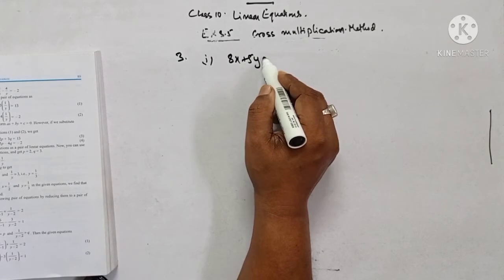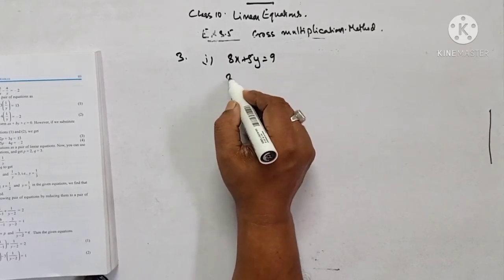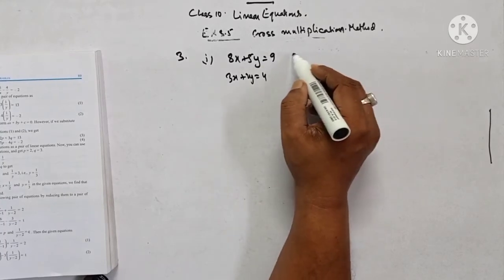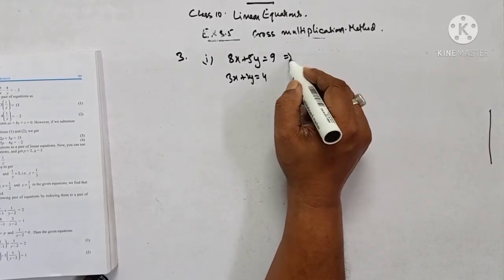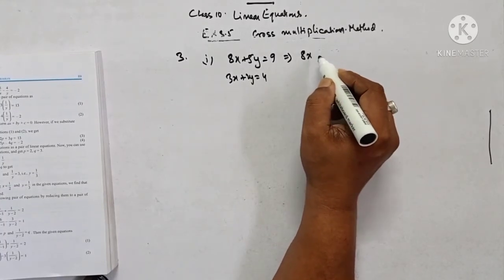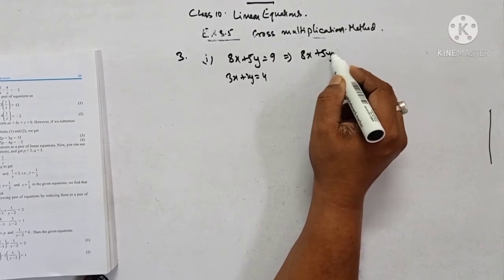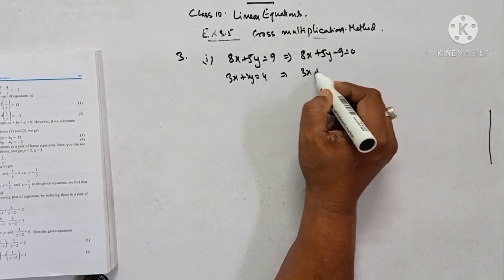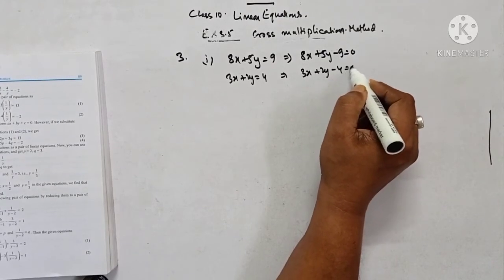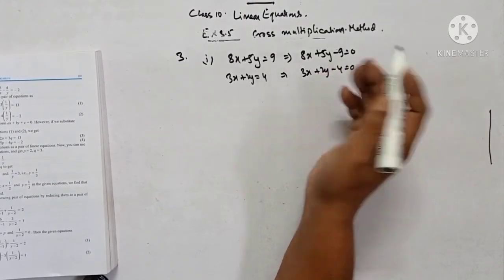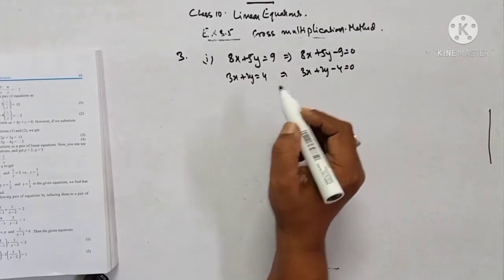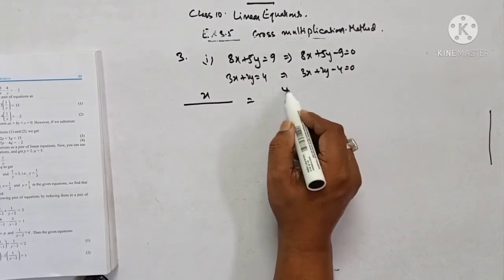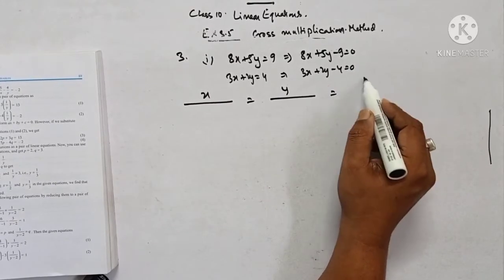So this equal to 9, and 3x plus 2y is equal to 4. At the first step, you shift all this to one side: 8x plus 5y minus 9 equal to 0, and then 3x plus 2y minus 4 equal to 0. Now x by, y by, and 1 by.